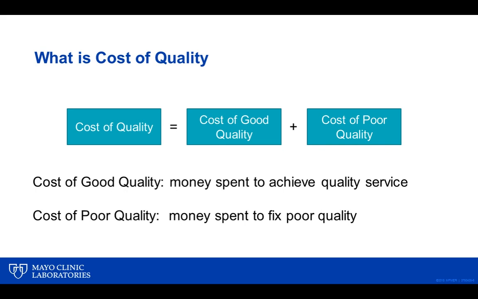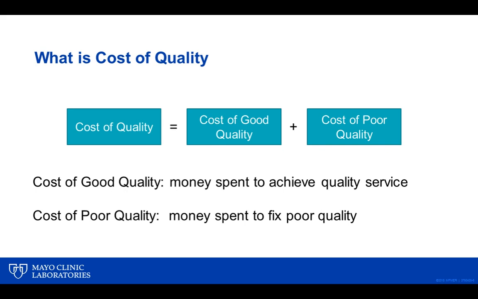That goes under the cost of good quality, because you're spending the money proactively. Anytime you have to spend money to fix problems, that goes under the cost of poor quality, because the error already occurred and now I'm spending money to fix it.